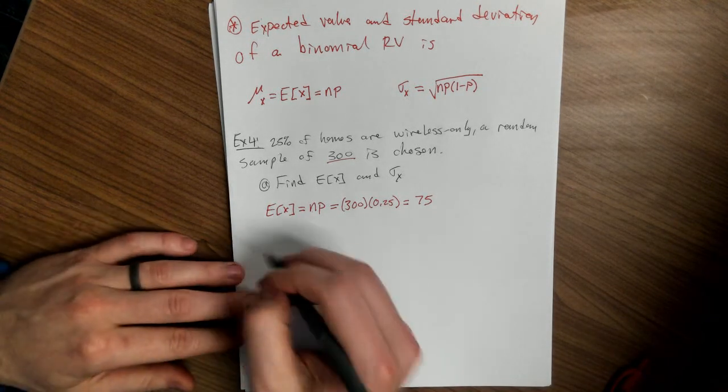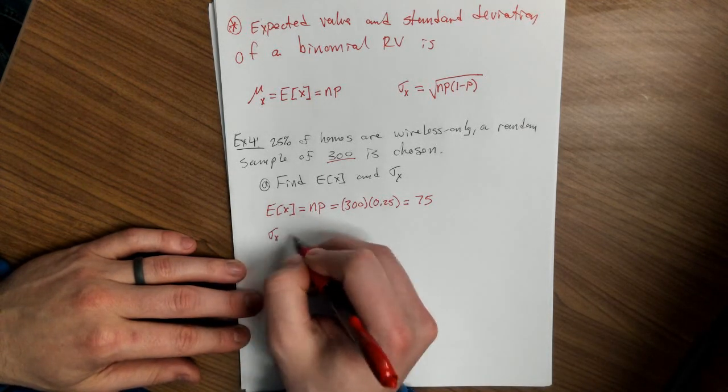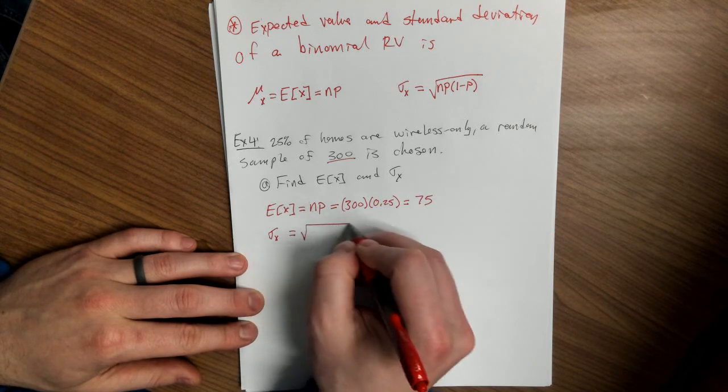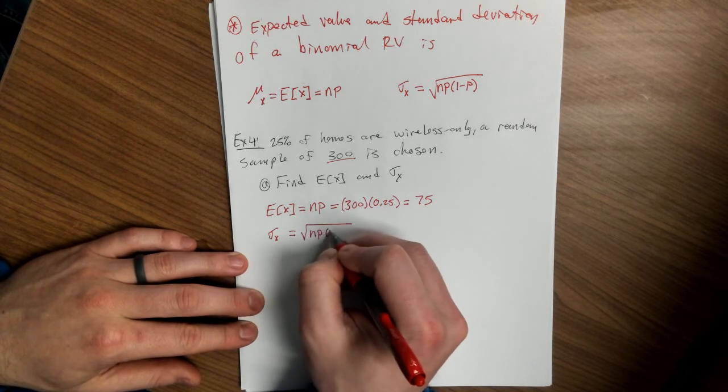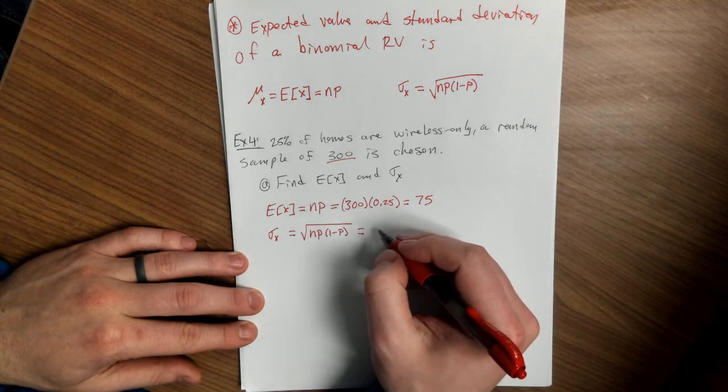And then the standard deviation of x is equal to, write the formula now, the square root of n times p times 1 minus p. So just plug in everything we know.